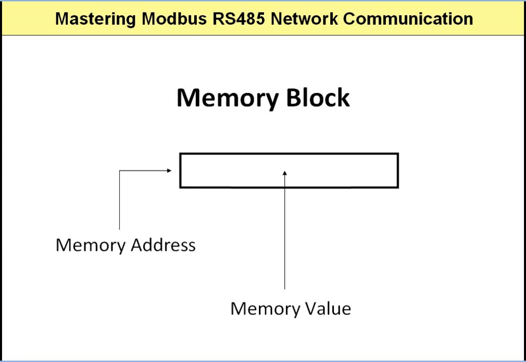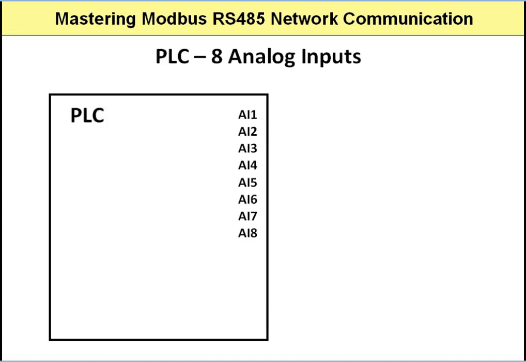The memory address is a number attached to the memory block that allows that block to be uniquely identified and also found very rapidly. The memory value, on the other hand, is the actual value that is stored in the memory block. You must ensure that you completely understand the difference between these two concepts if you are to understand Modbus.